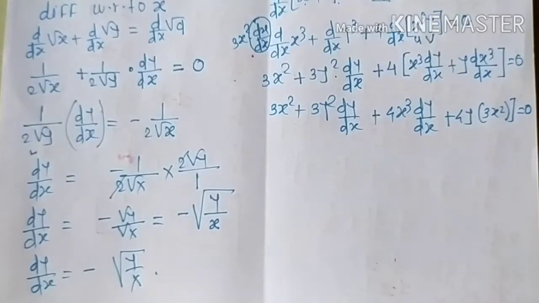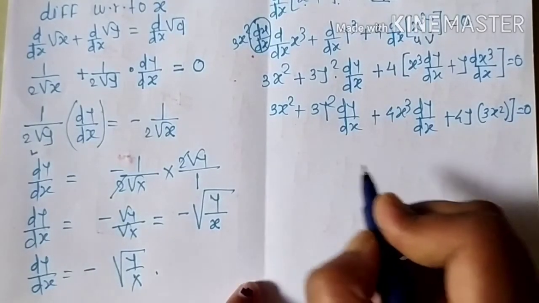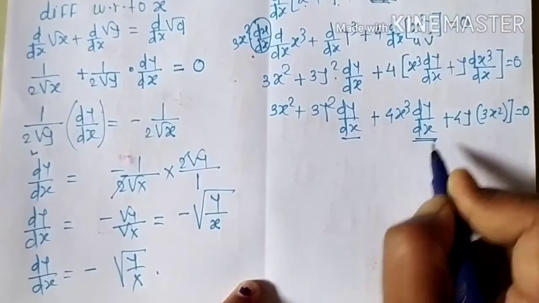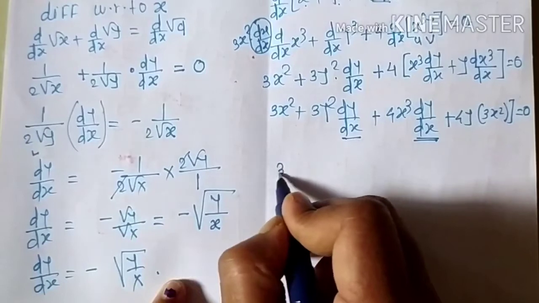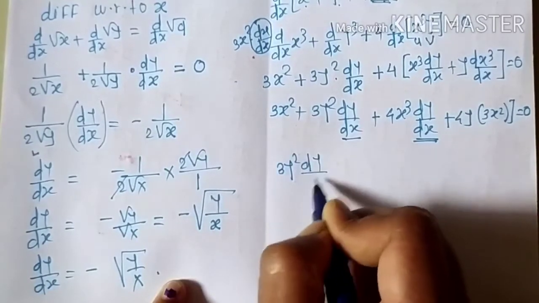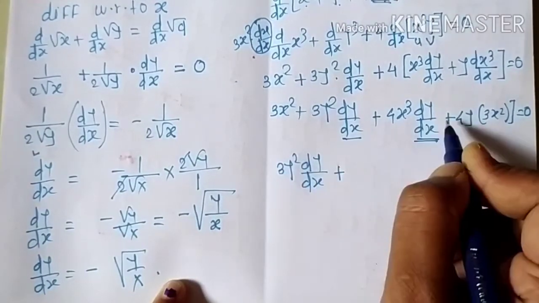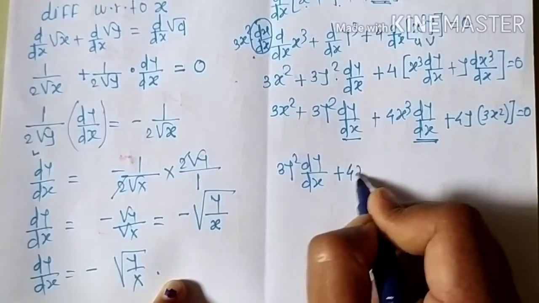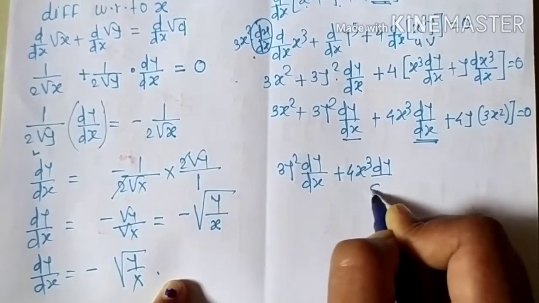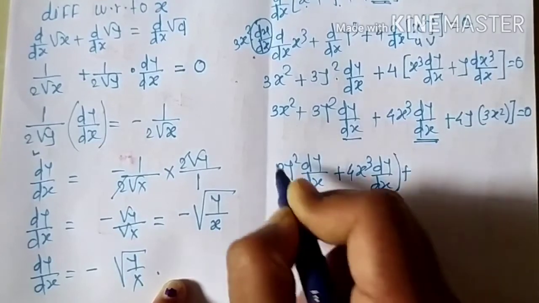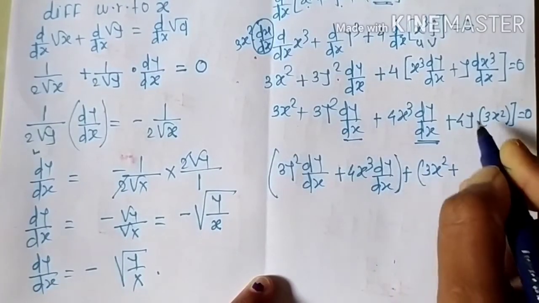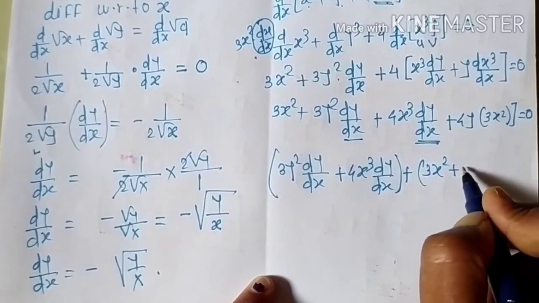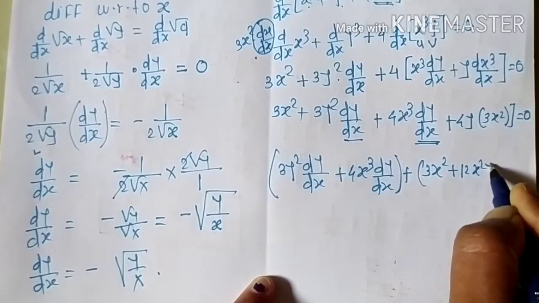Then to find the value of dy by dx, collect the dy by dx terms in one bracket and the remaining terms in another bracket. That is 3y square into dy by dx plus 4x cube into dy by dx, plus the next term 3x square plus 4 into 3, that is 12x square y, is equal to 0.